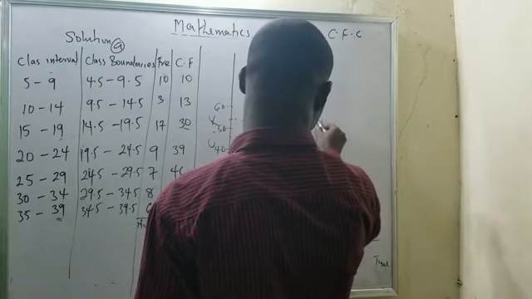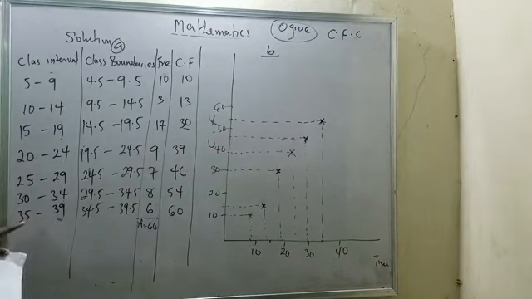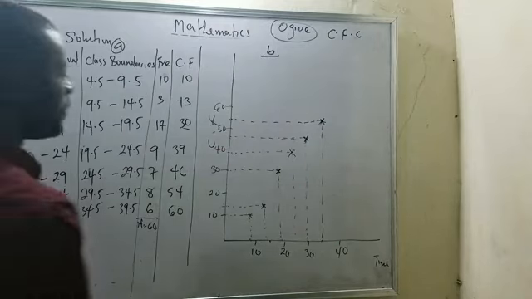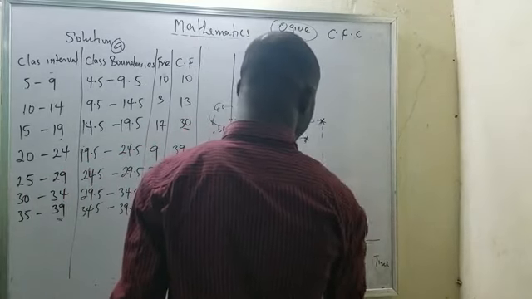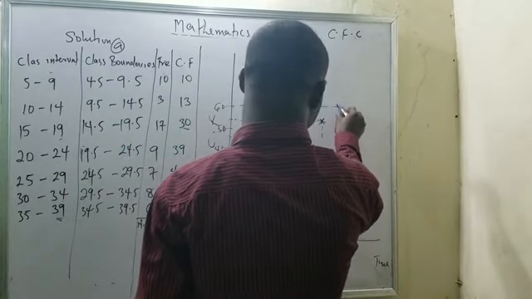I'm sketching anyway, just manage with me for now. And the last part of it, when I'm in 39, it is in 60. My 39 will be around here, and 60 will come over here, and they will join at a point.